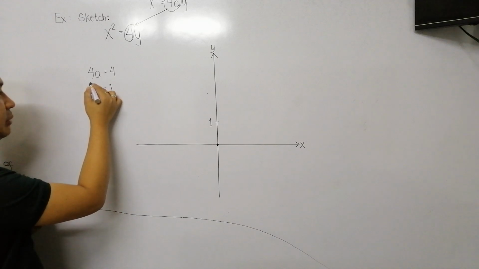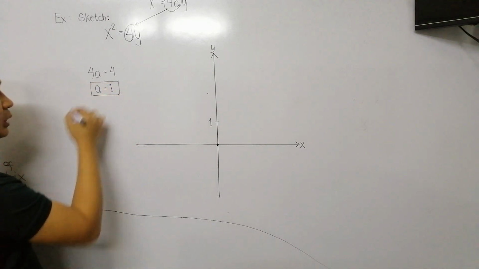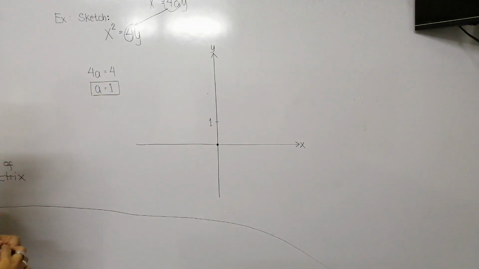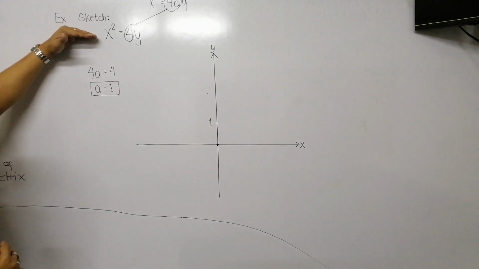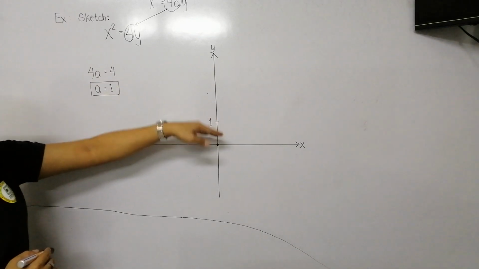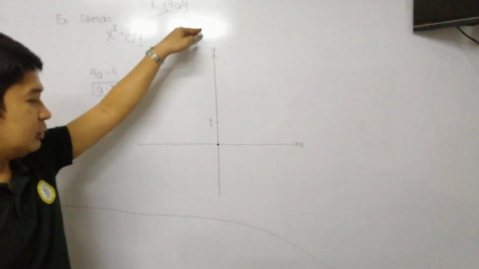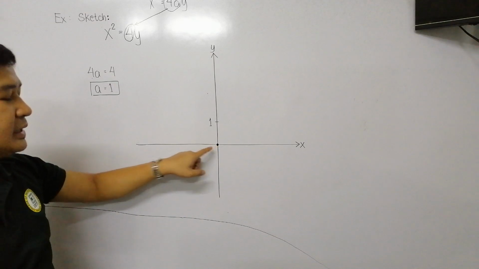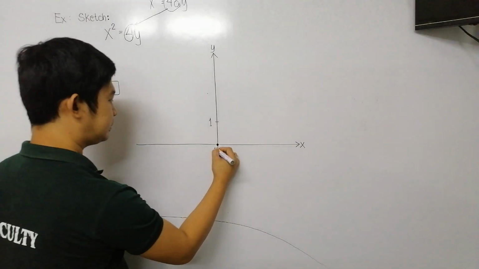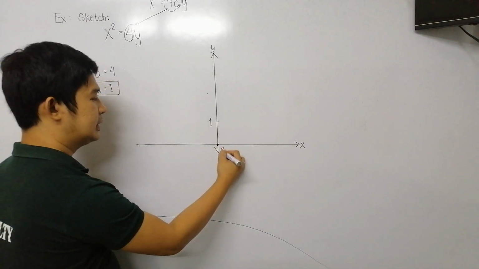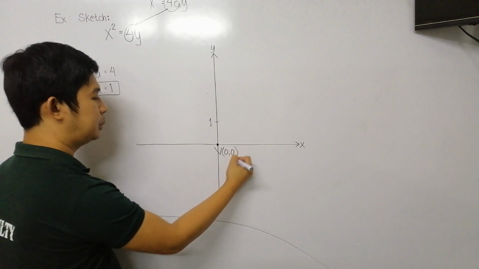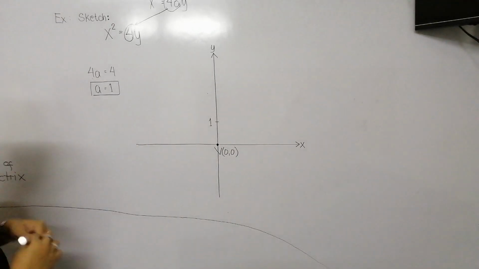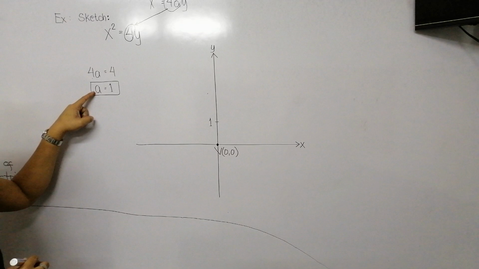So we can now have the value a is equal to 1. Since this is our standard equation, that means the vertex is at 0, 0. So this is our x-axis, y-axis, point of origin, the intersection. This is now our vertex. Vertex 0, 0, or point of origin. Our A is equal to 1.